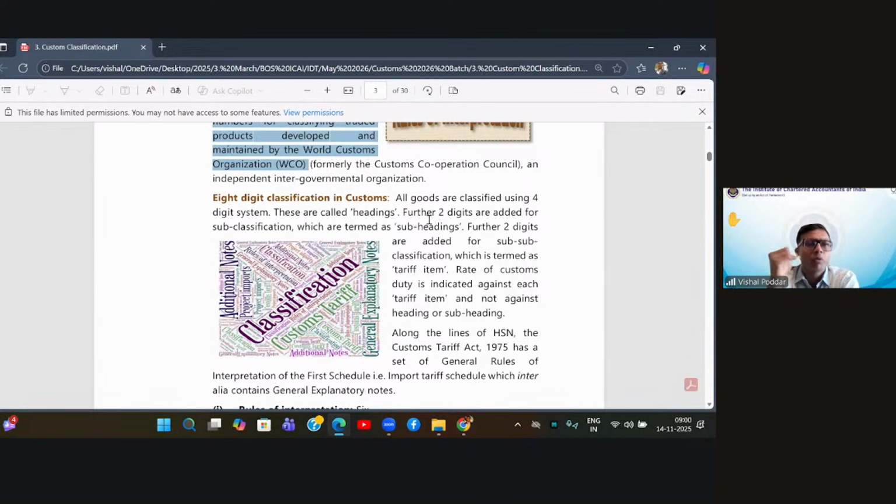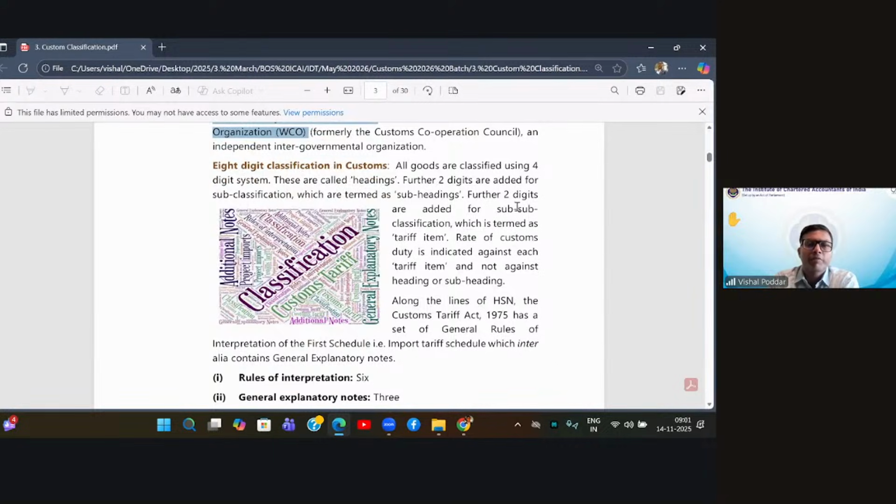We have added 2 more digits because India has further bifurcation and sub-classification of goods. Now all goods are classified using the 4-digit system. These are called headings. Further 2 digits are added for sub-classification. So 4 digits means the first 2 are the chapter, the next 2 are the heading, and a further 2 are for the subheading.